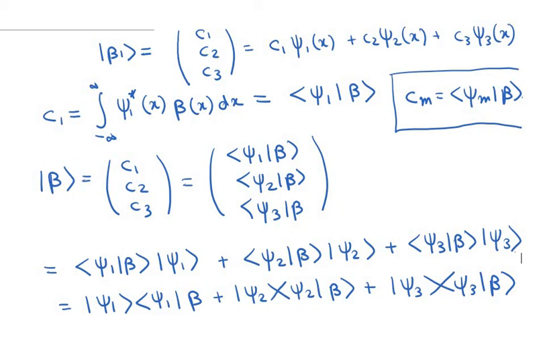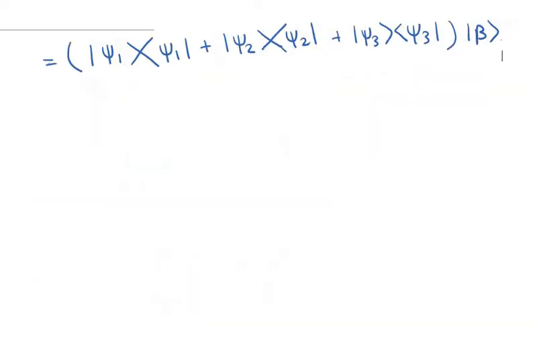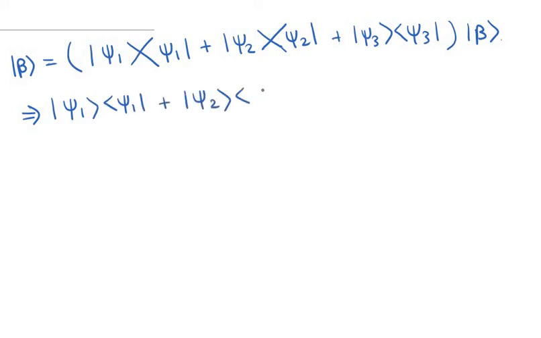So this beta is equal to this, and we can cancel beta on the two sides, and this basically becomes psi 1 plus psi 2 plus psi 3.